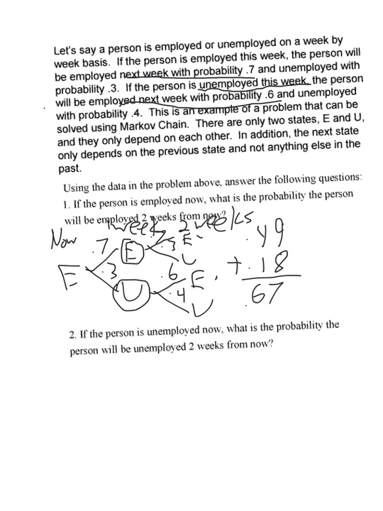Okay, number 2, if the person is unemployed now, what's the probability that the person will be unemployed 2 weeks from now? So now our tree starts with unemployed. They could either be employed or unemployed, but if they started unemployed, now it's 0.6 and 0.4, and this is 1 week from now.